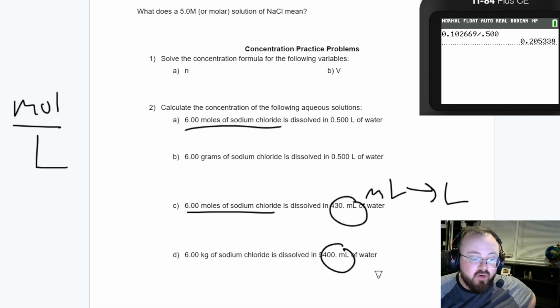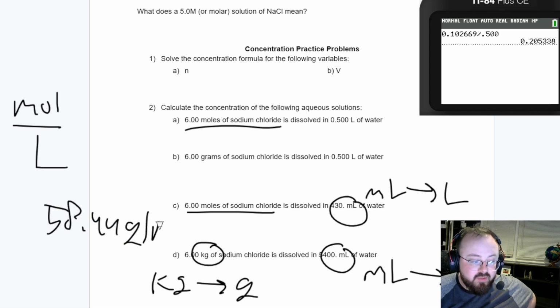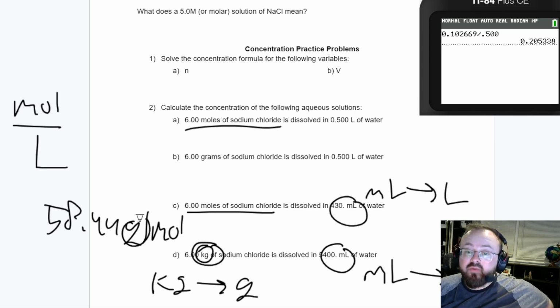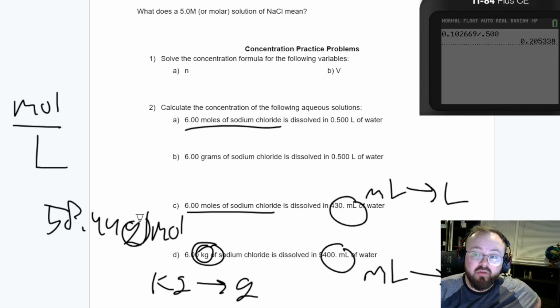I also have to convert from kilograms to grams. Remember, we said it was 58.44 grams per mole. Kilograms and grams are different as well. You have to be aware of the units, and they have to match, or else you're going to get the wrong answers.